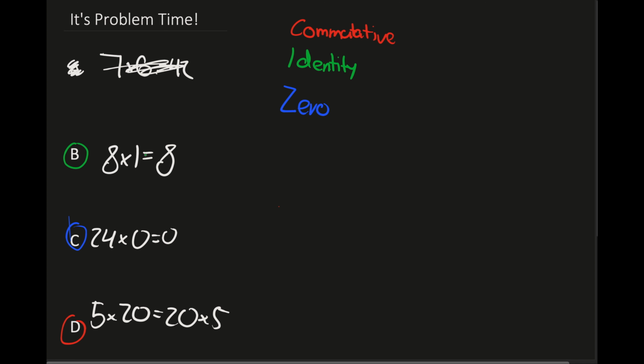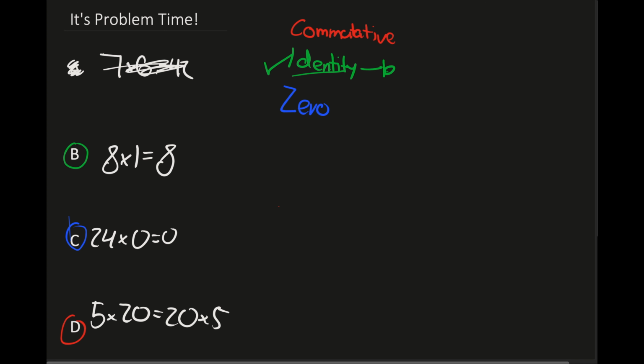First, starting with identity. How could you tell? Well, the first hint that you had is that it had a 1 in it. And the second hint was that one of the factors was the product, which means that the other factor had to be 1, meaning it is the identity property. So identity property is B.